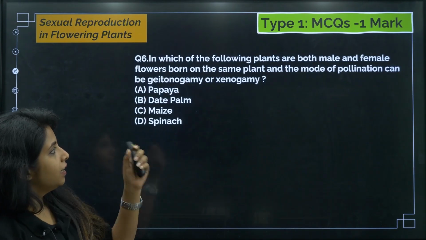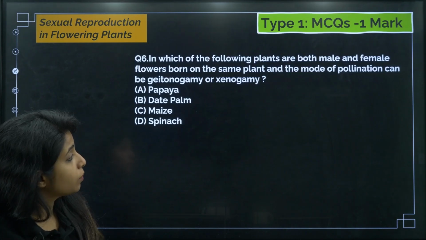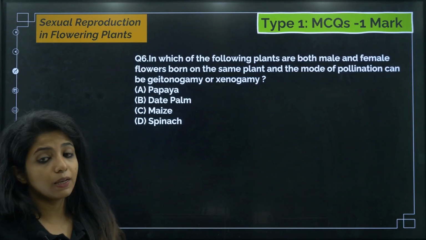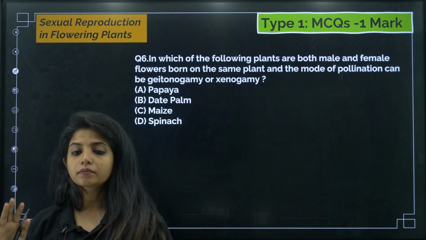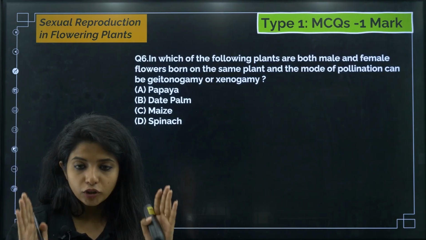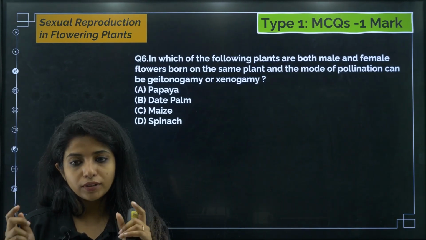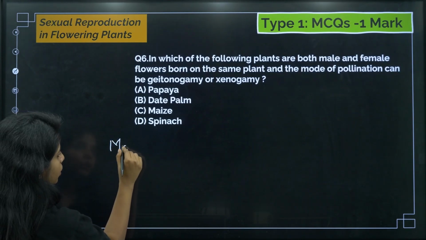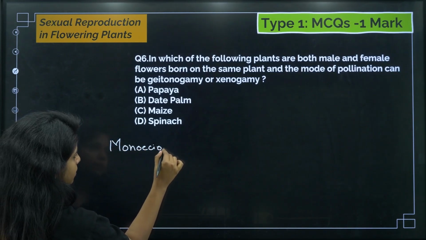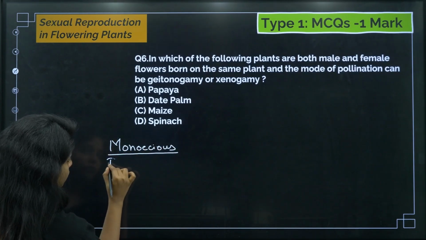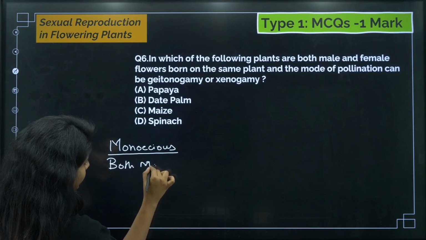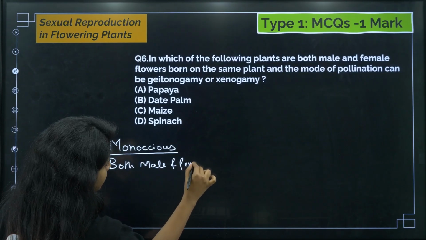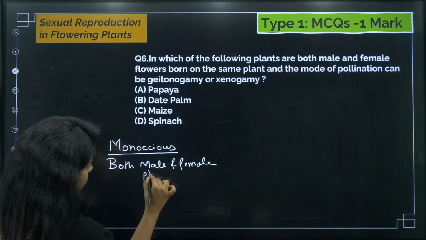Works? Going ahead. In which of the following plants are both male and female flowers born on the same plant? So when both male and female flowers are born on the same plant, you call them monoecious. What do you call them? Monoecious. Where both male and female parts are there.